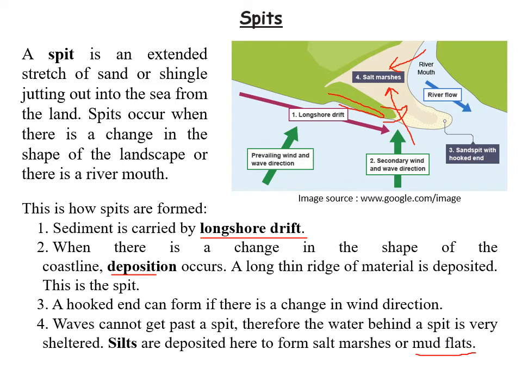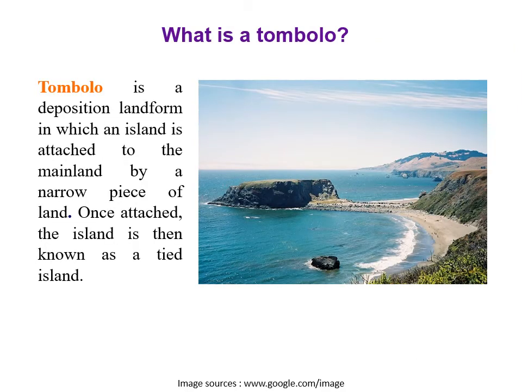Now, a tombolo is a kind of spit which is also a depositional landform, and it forms when an island is attached to the mainland by a narrow piece of land.